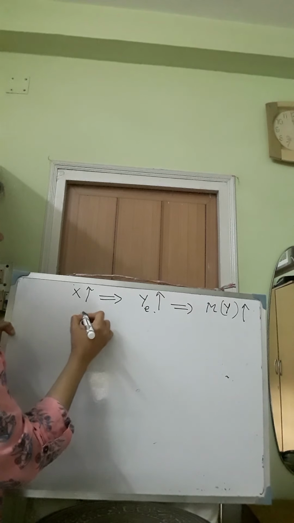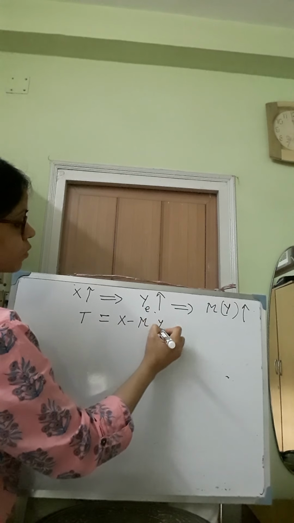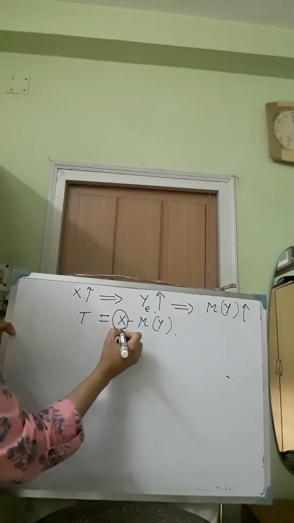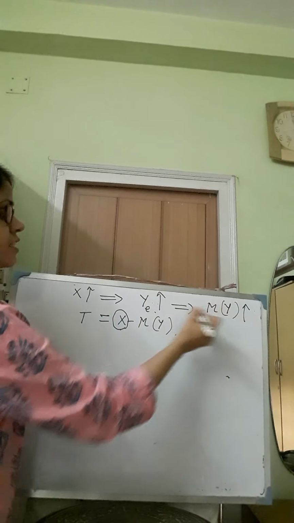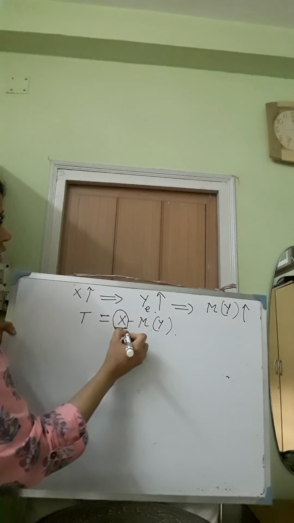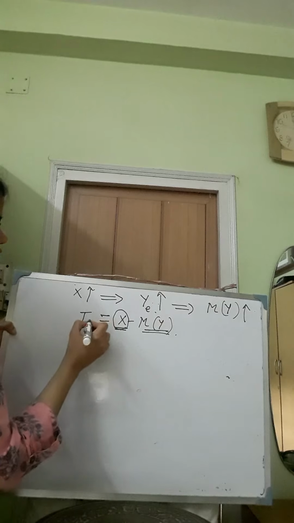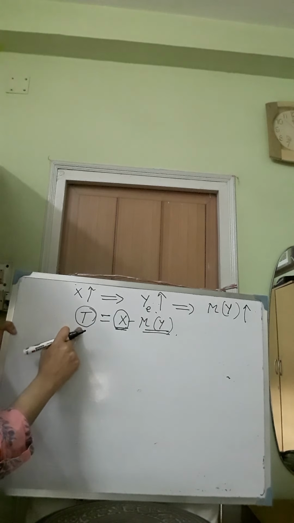So in that case, what is trade balance? Trade balance is equal to export minus import. So x is increasing here initially. For that y is increasing, and when y is increasing then m is increasing. So this component is increasing and this component is also increasing. So we are not sure about the effect of x on t, that we have to find out.